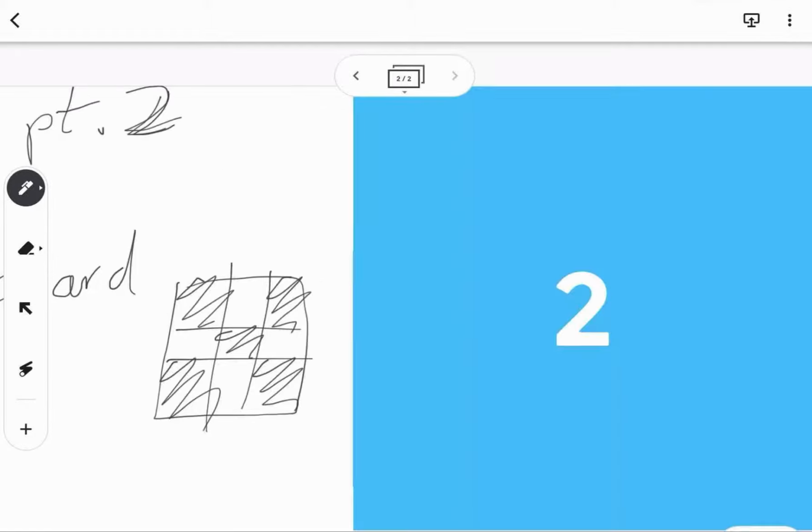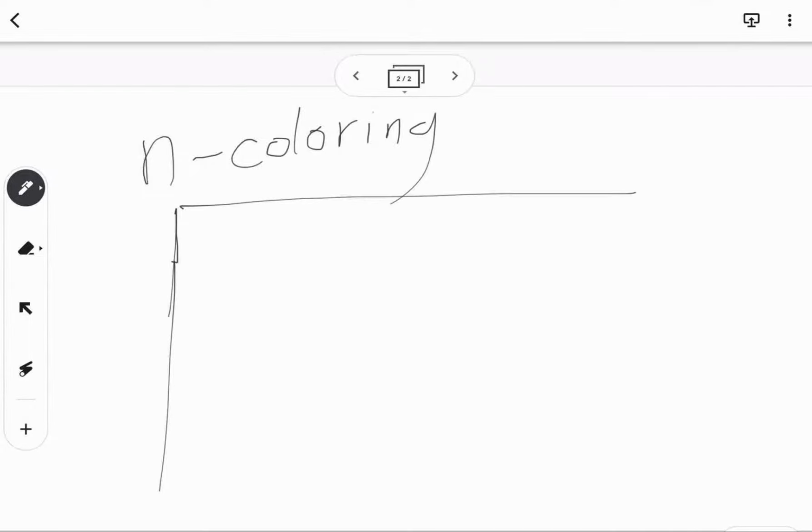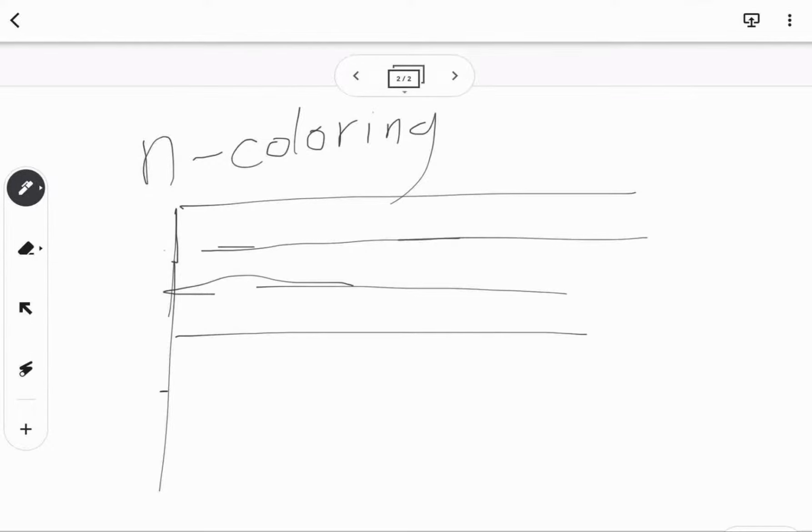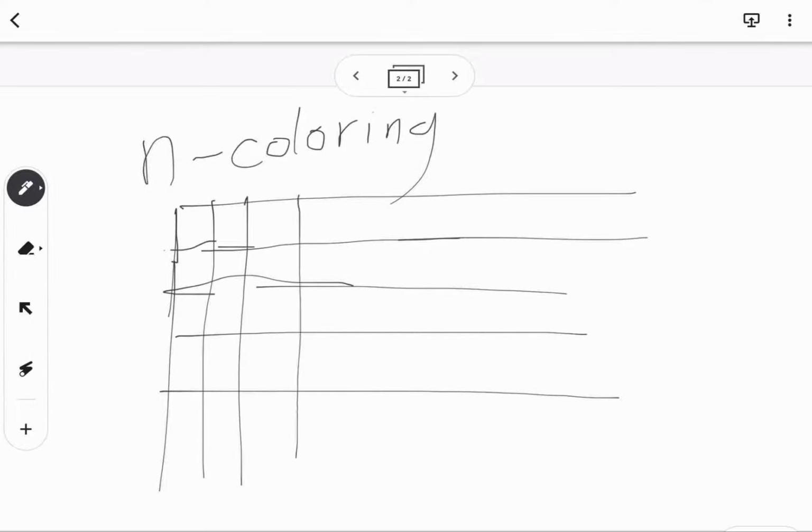Let me go to a different slide for this. Basically, if you have a very big grid, I'm just going to say the colors are 1 through N. You start with a 1 in the corner at the top, and then for each diagonal, you add 1. So for however many colors you have, you go to that color.